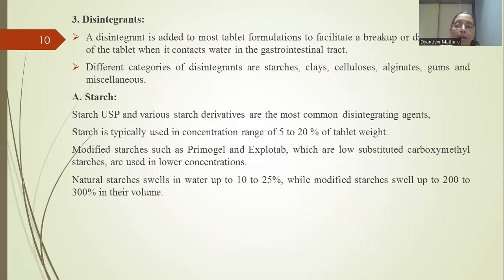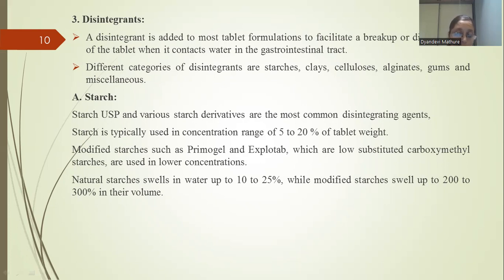Now the third ingredient used in tablet is disintegrant. Very important ingredient, because when we administer the tablet, how is the drug released, how does the drug come out from your tablet? Your tablet needs to disintegrate, needs to break, and then only the drug will come out, because in your tablet along with the drug so many excipients are there.